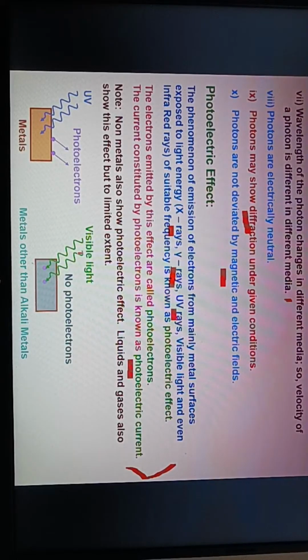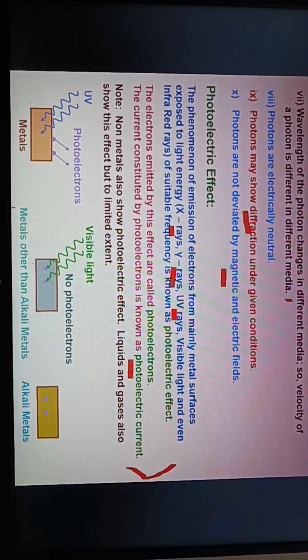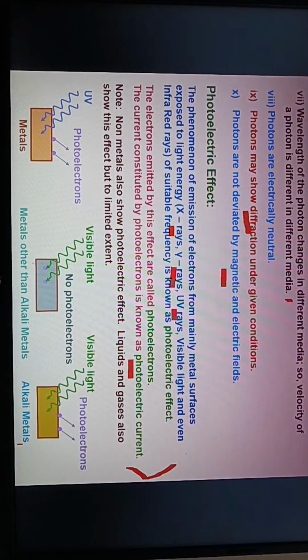Visible light. No, visible light falls on the metal. Nothing will come out. So that's why you remember UV rays can show the photoelectric effect. Do visible rays show the photoelectric effect in metals and alkali metals? No. In alkali metals, visible light will produce photoelectrons.